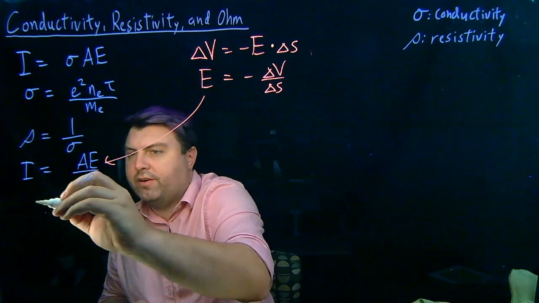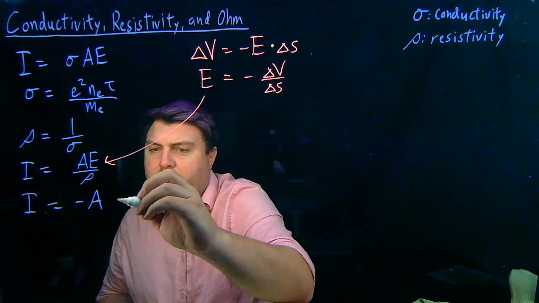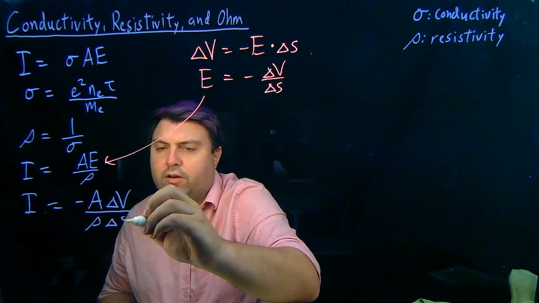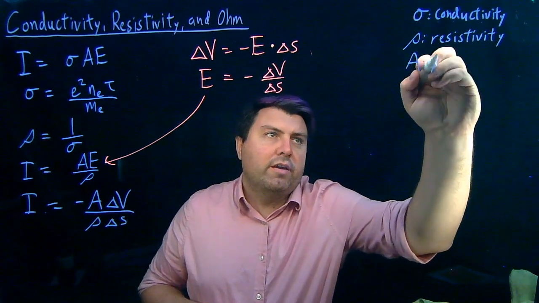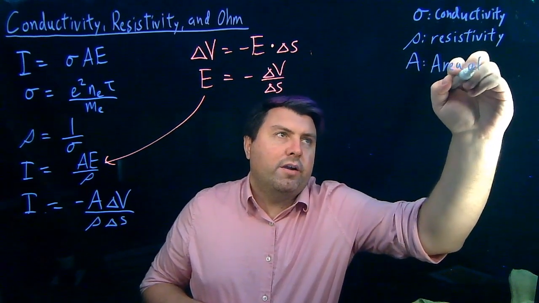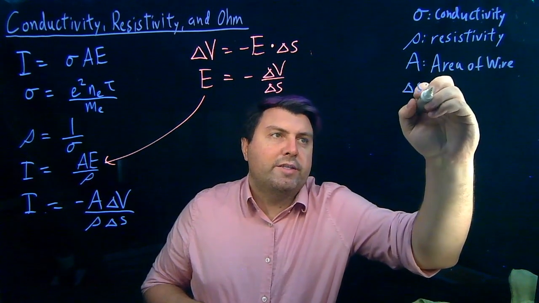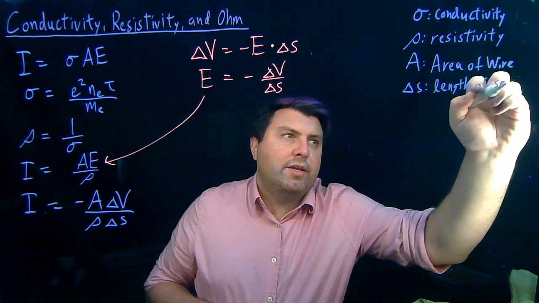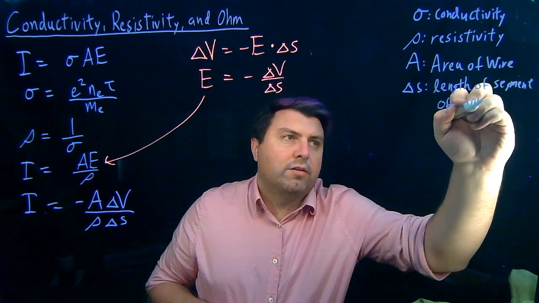So now we have that our current is A with a negative delta V over rho delta S. So now that we have this, A is the area of our wire, and this delta S is the length of the segment of the wire.